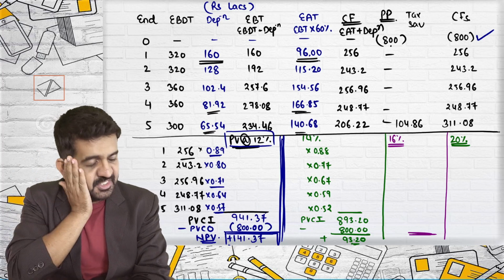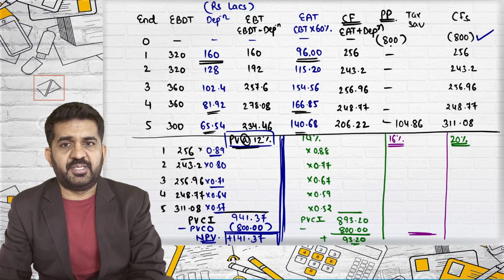I want NPV at 16% and NPV at 20% if anyone is having.